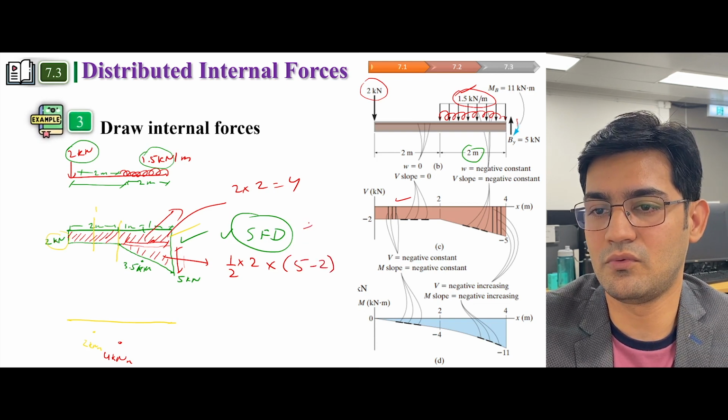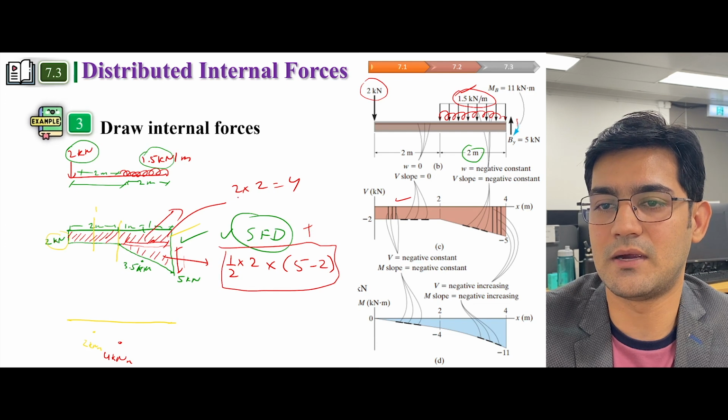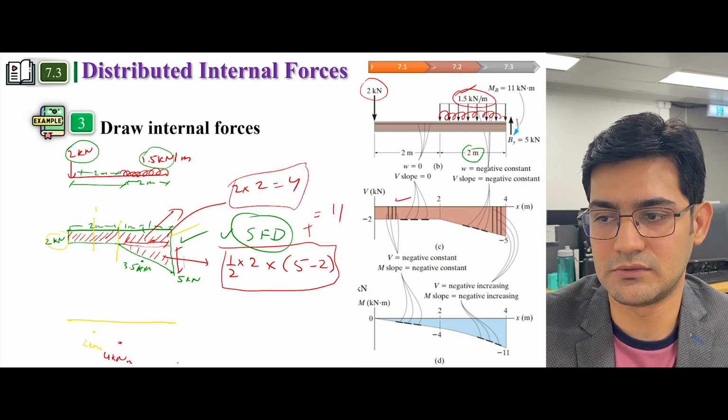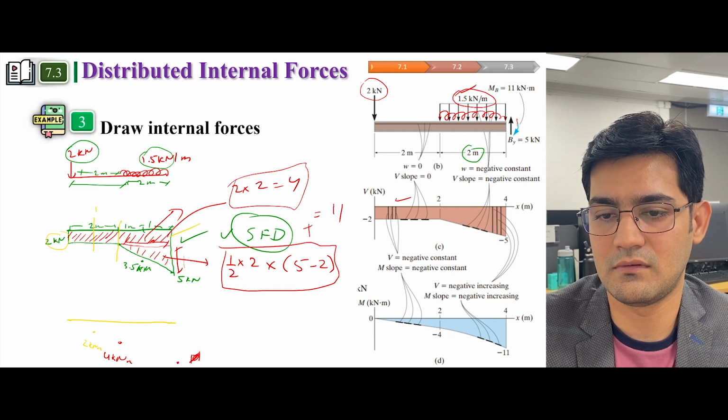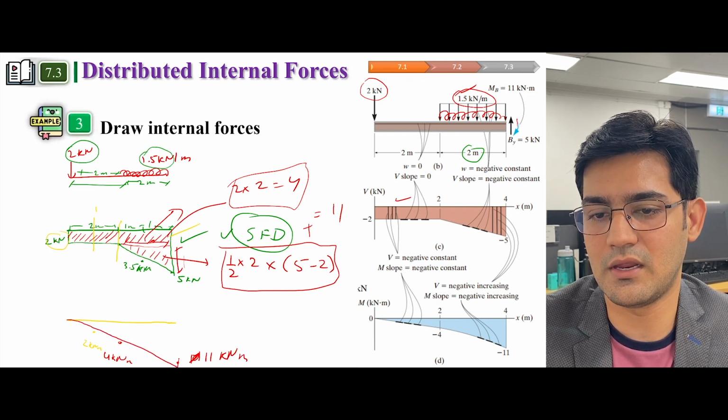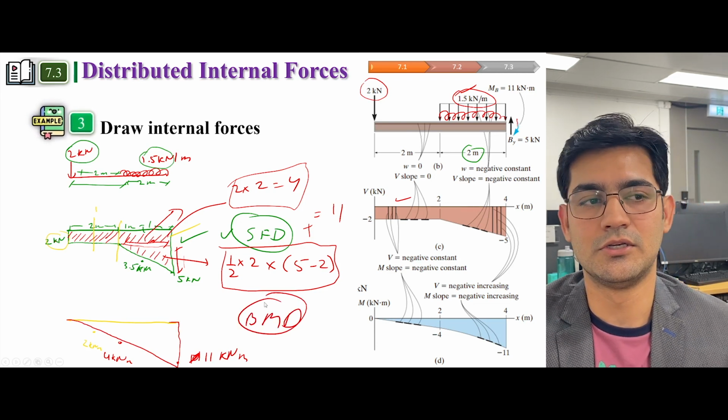So if you add this part with this part, you will get 11. So this is 11 kilonewton meter. That's how you can calculate the bending moment diagram.